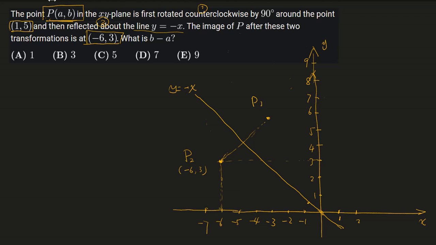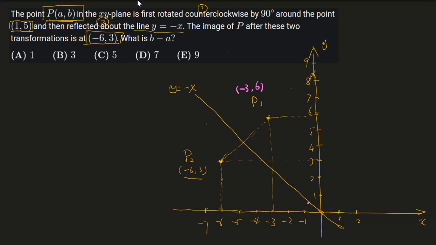Let's call this P1. The coordinates of P1 are the swap of the coordinates of P2, with signs changed. Therefore, that has coordinates of (-3, 6)... wait, P2 is (-6, 3) and P1 is (-3, 6). So we mark the coordinates of P1 here, (-3, 6). This is very easy to find out.